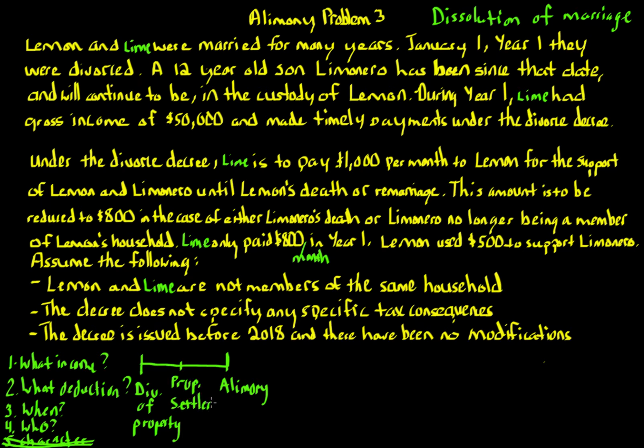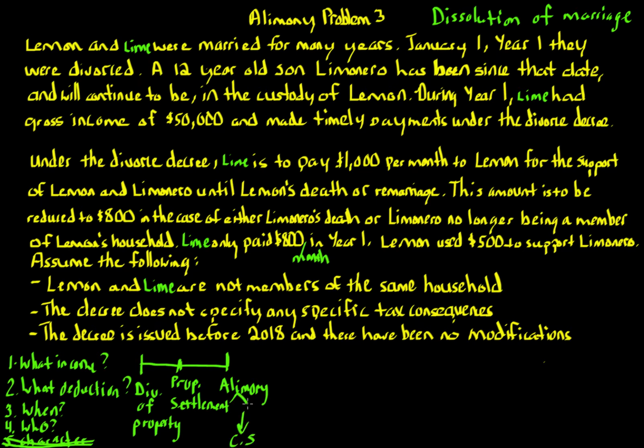Also, we have some respective tax treatment when it comes to child support, and we'll talk about that. You only really worry about child support if it's considered alimony. So if it's alimony, then you view it as child support.